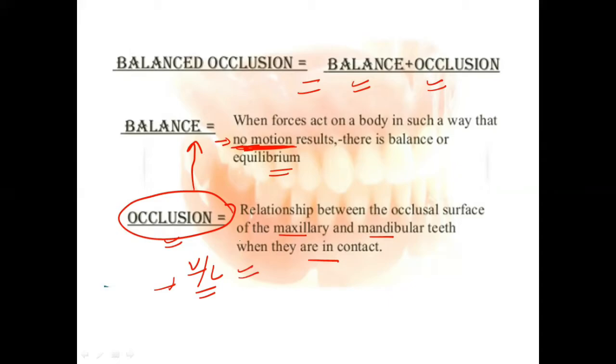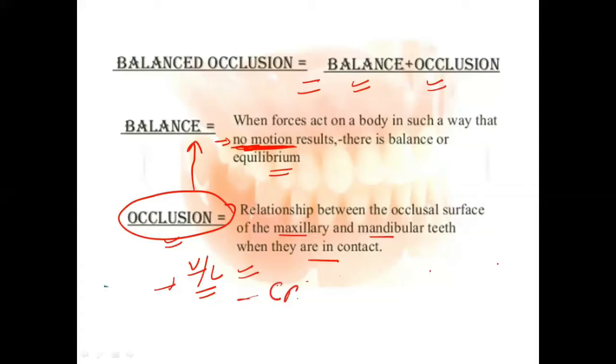So balanced occlusion can also be described as the position of teeth such that they have simultaneous contact in centric relation and provide smooth sliding motion to an eccentric position. Eccentric position, we have already discussed in last videos, is any relation other than centric relation. That means there must be smooth contact in centric relation and smooth sliding in eccentric position.